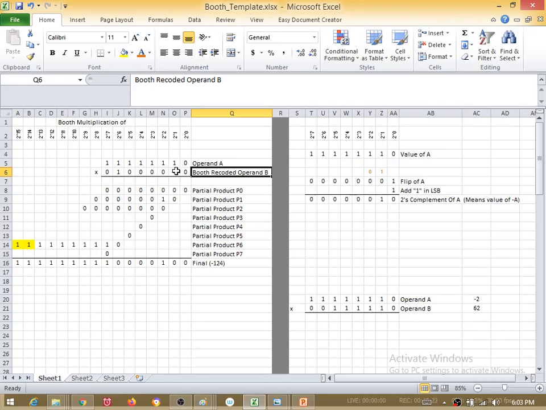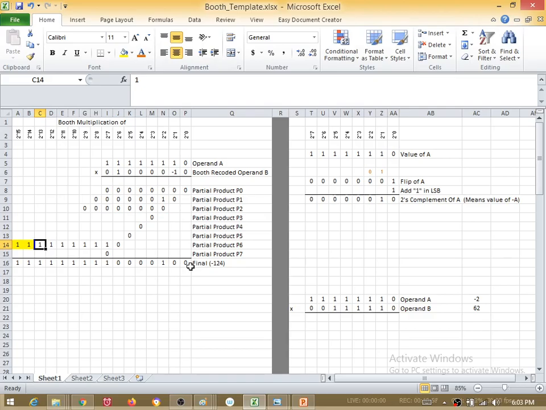So if I ever have to multiply with a -1, I am simply going to write here the value of -a. There is one more thing to remember: anytime you are writing a partial product here, and if the last digit of that partial product, the MSB sign, is 1, then remember to sign extend with ones, or however many ones are required, till you reach the end of the process. Then it is only a matter of summing all of these up so that you get the final answer. The final answer will also be in signed 2's complement notation.